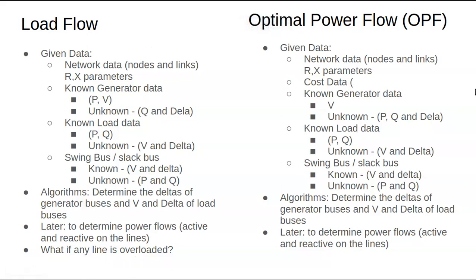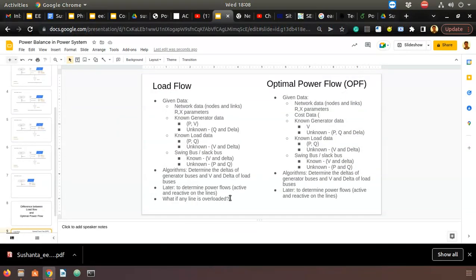See, if a particular line's capacity is only 400 kilowatt, but it is carrying 500 kilowatt, load flow will not say anything, because that is the pattern of generation you have given, the pattern of loads you have given. We are fixing P there, that's why it is generating like this. So if you give wrong values of P, or values of P such that any line gets overloaded, it's fine, it's overloaded. Okay, so what if any line is overloaded?